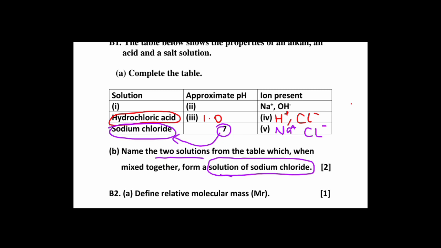Now, in this reaction, we use an alkali and an acid. In this compound, sodium chloride, we have sodium. This sodium will come from the base because we have sodium in the ions. And a chloride is going to come from hydrochloric acid because we have a chloride in hydrochloric acid.